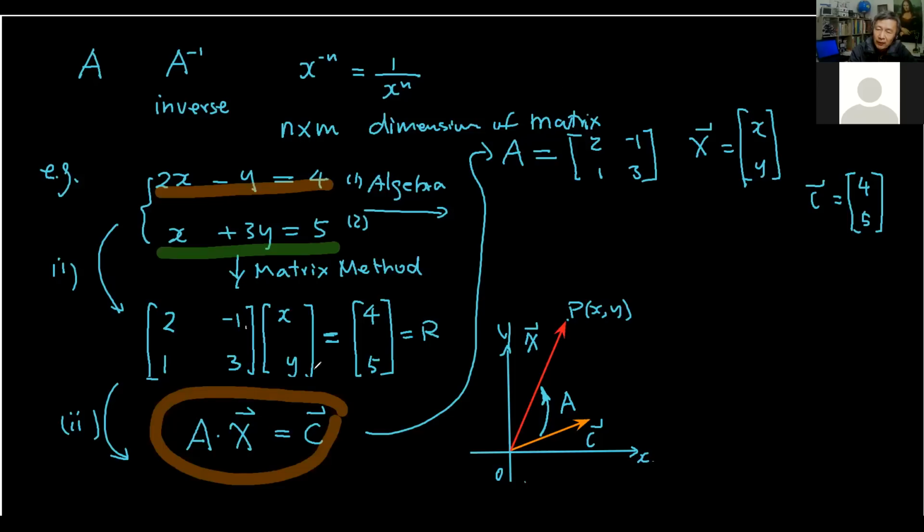If you use the unit matrix times x, what do we obtain? I is the unit matrix. If you multiply a vector by a unit matrix, what will you obtain?